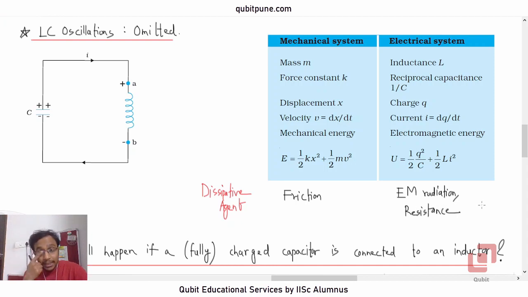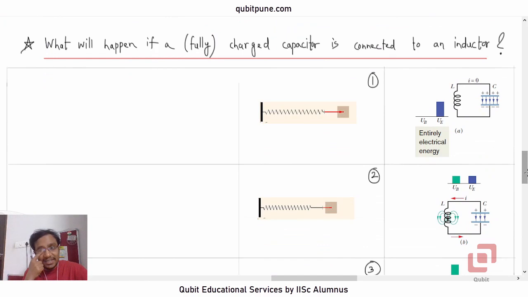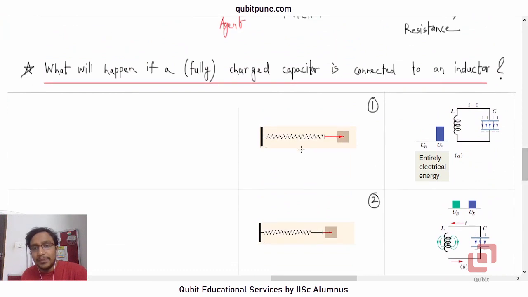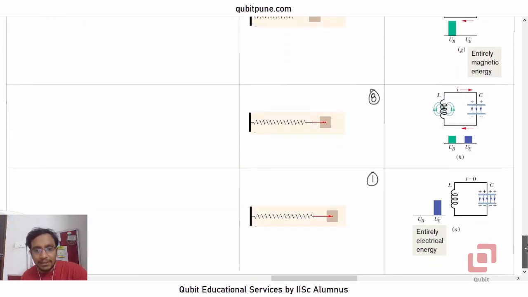We have discussed this in detail in our regular lectures, so I will not go through these things again, but please note that the spring is analogous to the capacitor and the moving block is analogous to the inductor. Everything else can be very easily worked out.